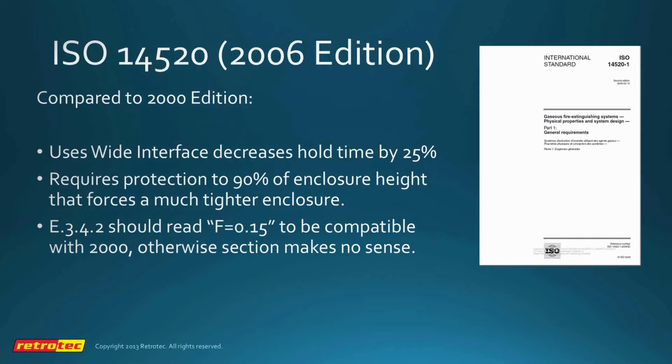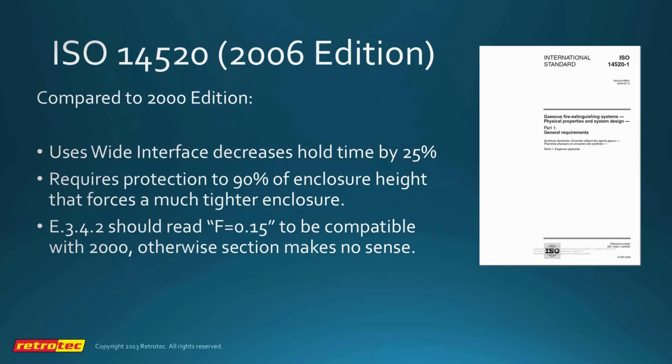The standard also requires that protection be held to 90% of the enclosure height. As we will show later, that forces a much tighter enclosure and makes it extremely difficult to pass the hold time requirements, and forces the use of pressure relief vents in almost every case.